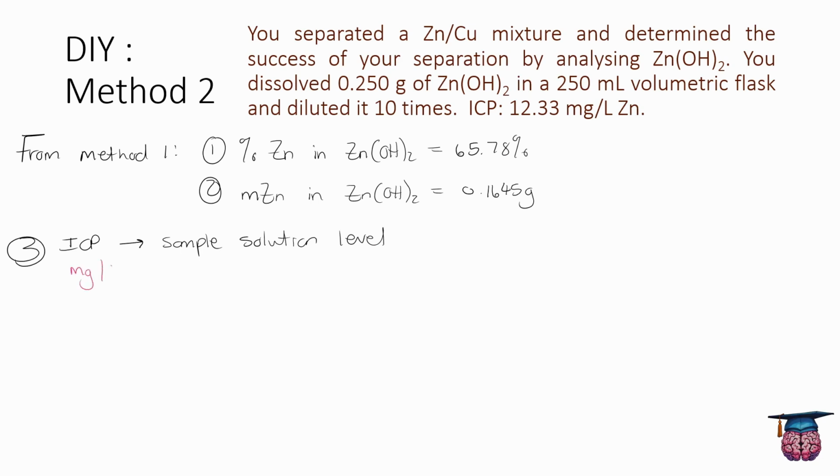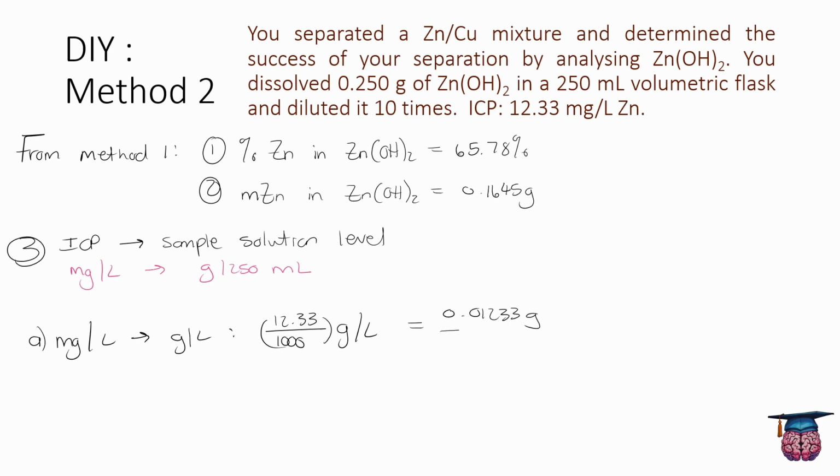This is simply milligram per liter converted to a gram per 250 milliliter value. Step A is to take milligrams per liter to grams per liter, and we simply divide by 1000 to get a gram per liter value.